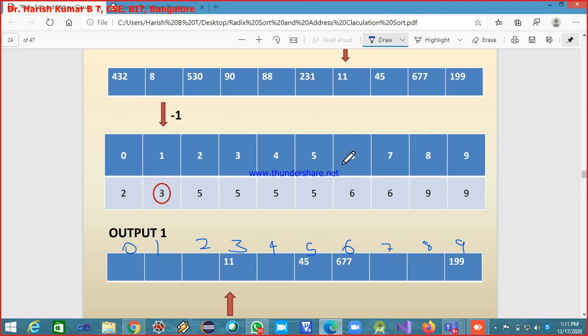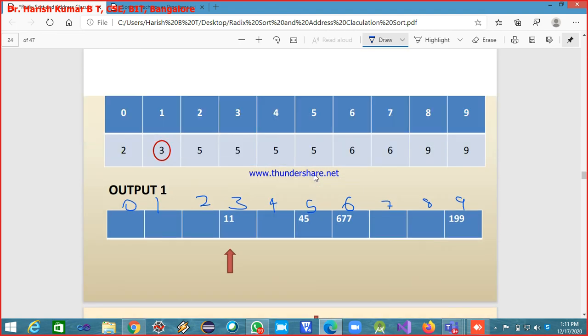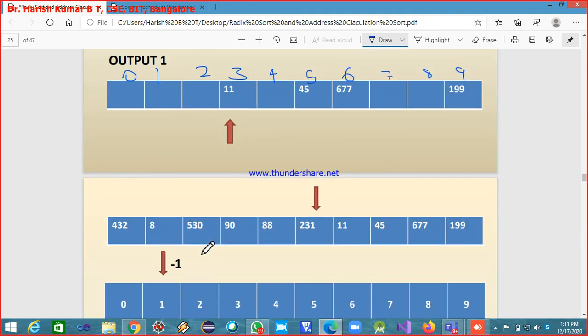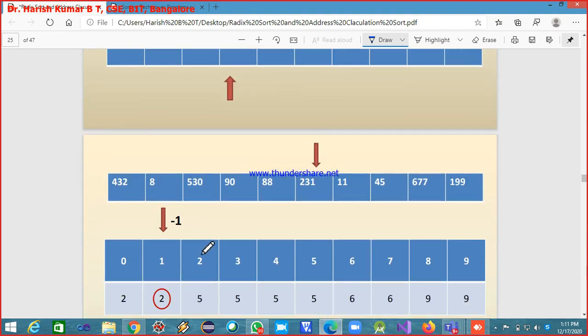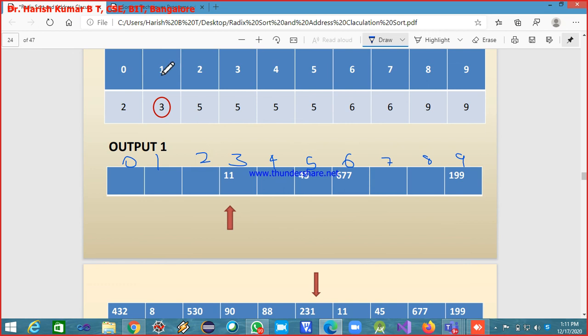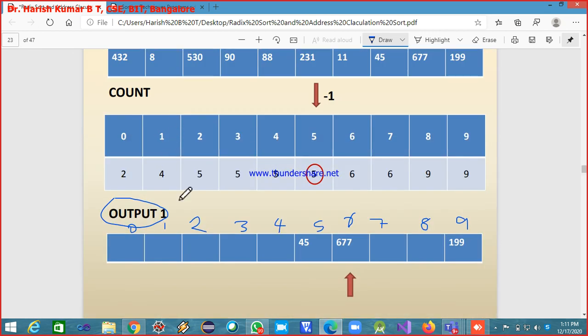So the next number is 231. Then again, see, the digit at the ones position is 1. So I go to 1 now, and from this I'm subtracting. Initially it was 4.